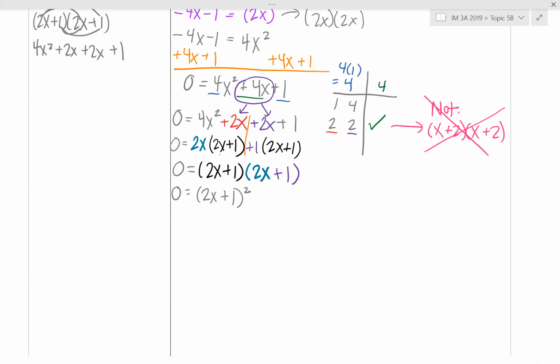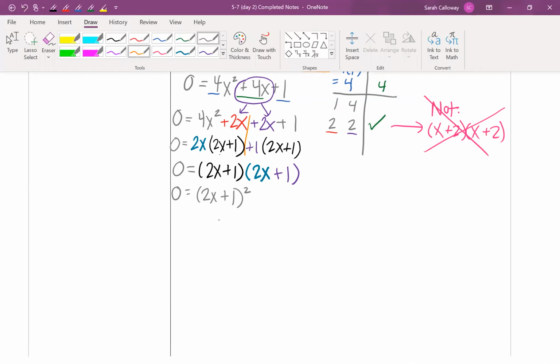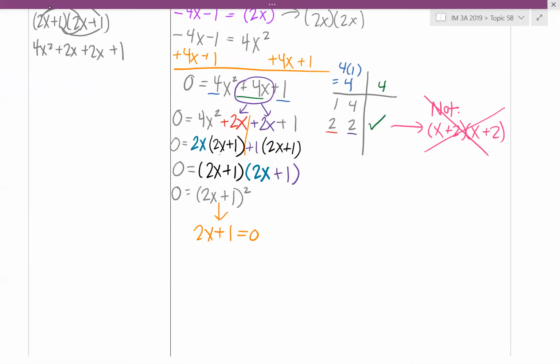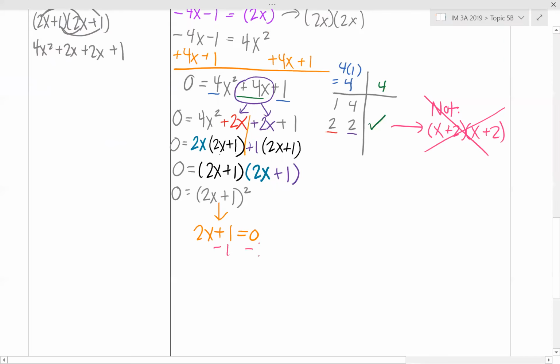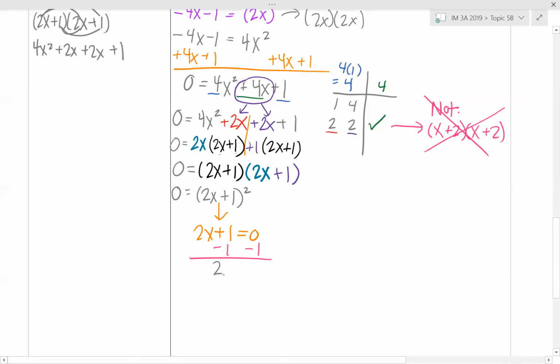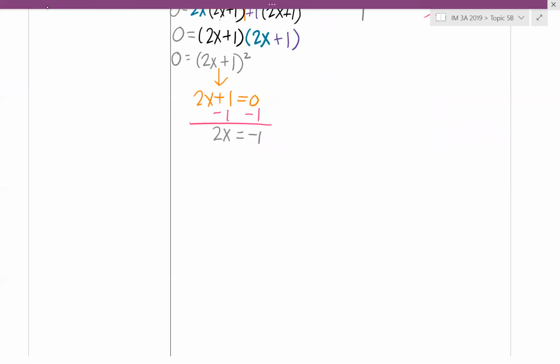If I were to take this and set it equal to 0, then I would have to subtract 1 from both sides and divide by 2. If I subtract 1 from both sides, 2x equals negative 1. Then divide both of those by 2.